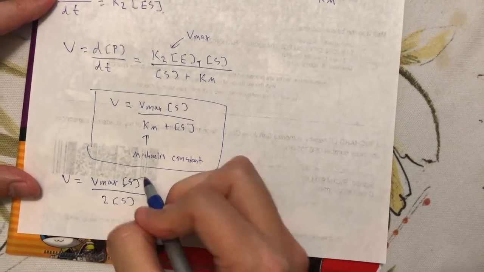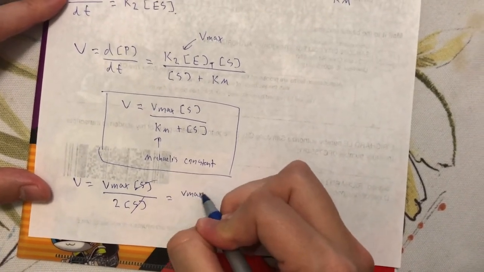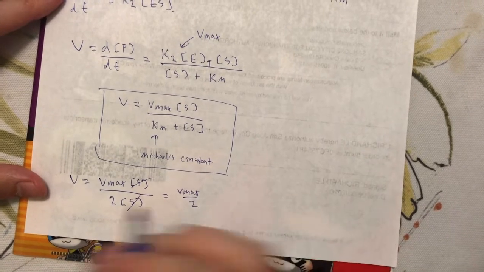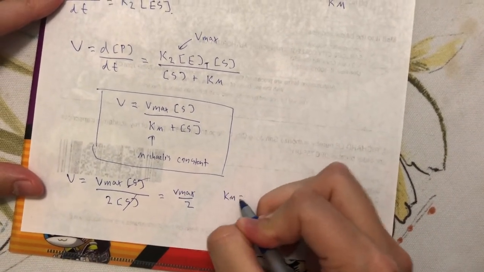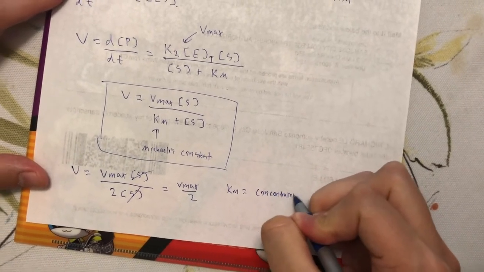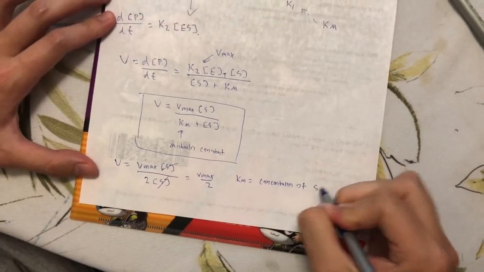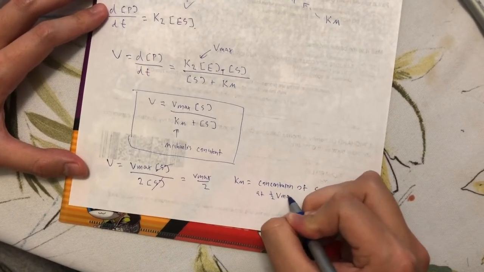And the S's cancel, and we're left with V equals Vmax over 2. So what this basically is letting us know is that Km is equal to the concentration of substrate S at 1/2 the maximum velocity.